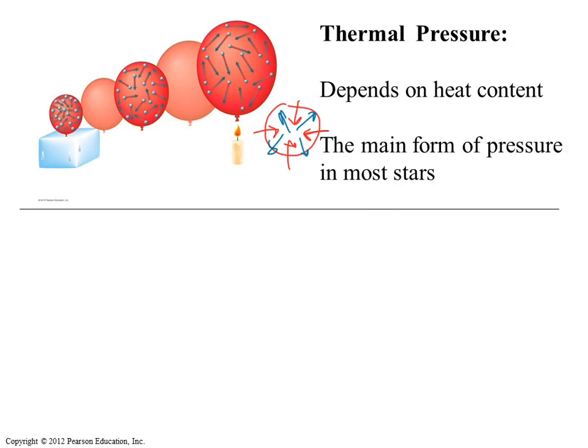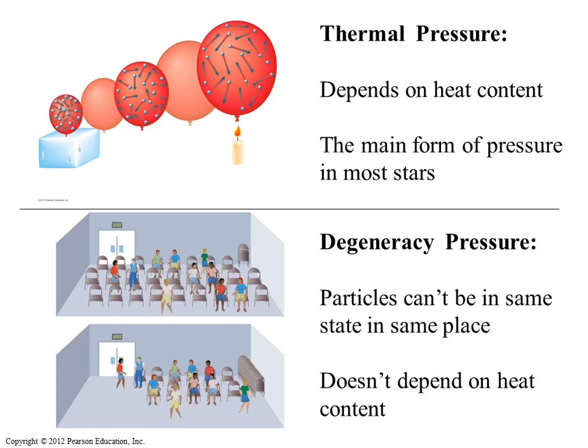So that is a good way to think of this degeneracy versus thermal energy or heat. This down here is a way to think of electrons or particles. It could be electrons, it could be neutrons, that will not occupy the same space.